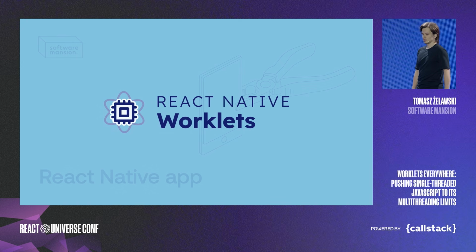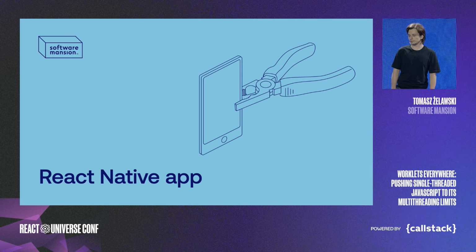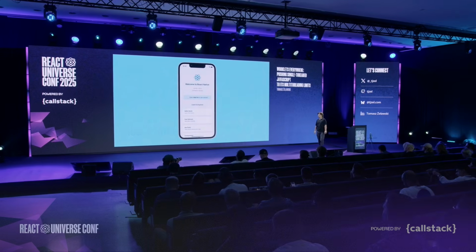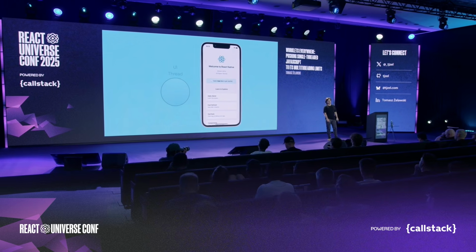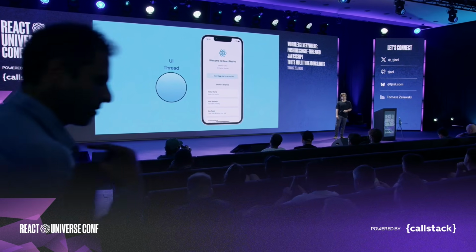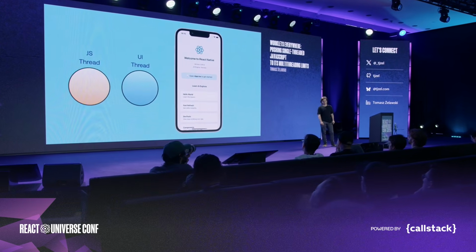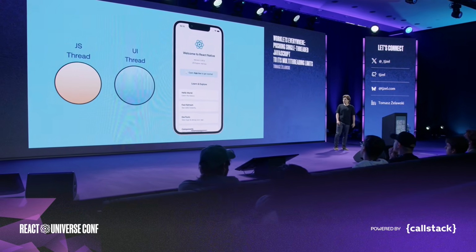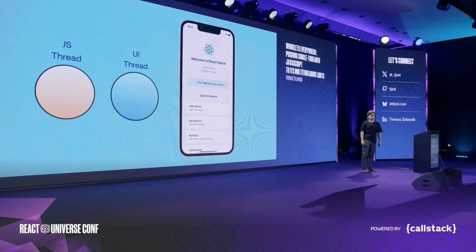But to begin with, we need a little reminder of what exactly a React Native app is. A React Native app is just a simple native app, which means that it has the main thread, the UI thread, but what makes it unique is that it has the JS thread. The JS thread executes some of the JavaScript code.